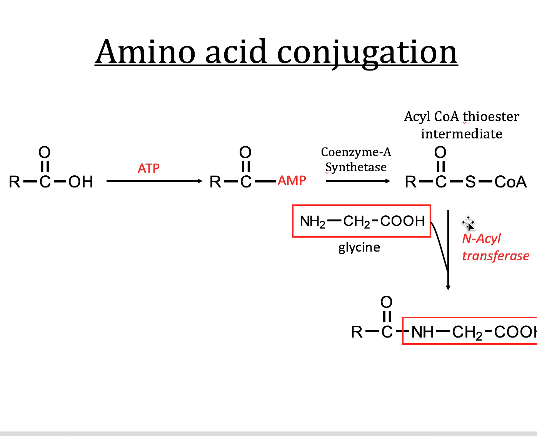So this is what we are interested in, and this is what you possibly want to know. In this process, you remove the CoA thioester part, and you just add the glycine. So this is how it works.